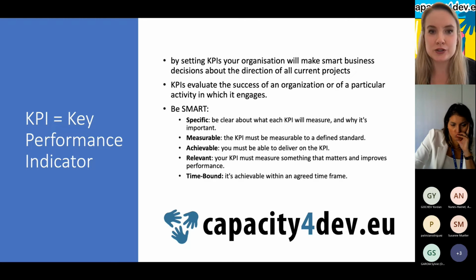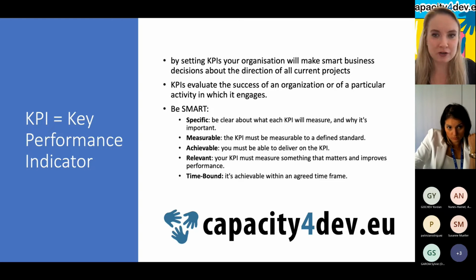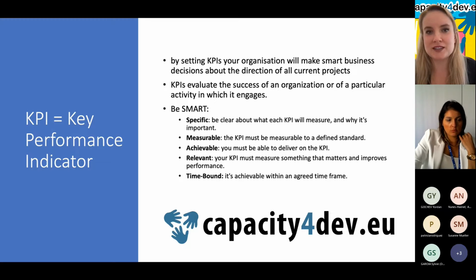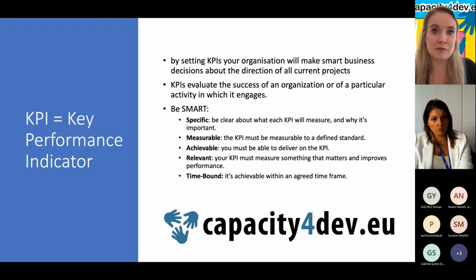For this, we usually use KPIs, which are key performance indicators. I'm sure that most of you have already heard about KPIs, and I don't want to mention something that you are not aware of. However, when it comes to Capacity for Dev and the fact that it's 80% community creation, it's important that KPIs are always in the background of your mind. By setting KPIs, your organization will make smart business decisions about the direction of all current projects.